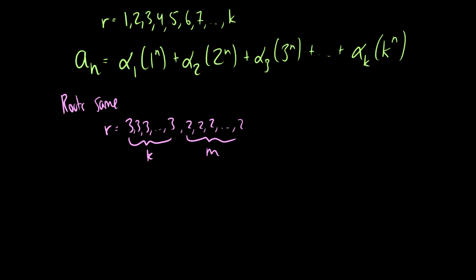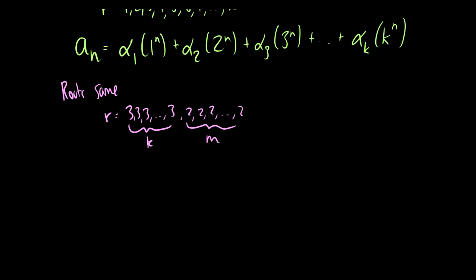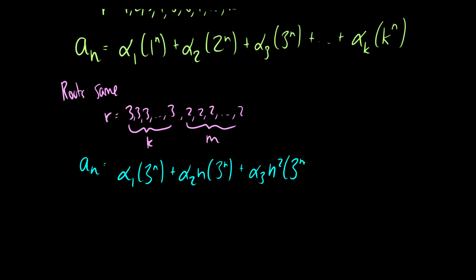Then our form a_n is going to be alpha 1 times 3 to the n plus alpha 2 n times 3 to the n plus alpha 3 n squared times 3 to the n.